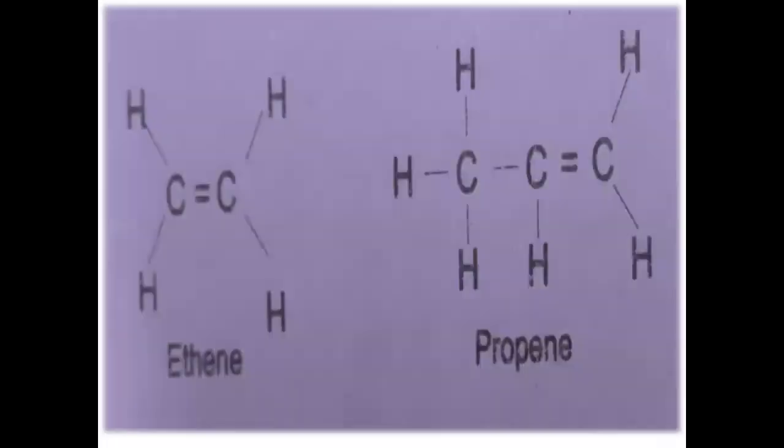Each carbon atom makes 4 bonds, so the rest of the two bonds it makes are with the two hydrogen atoms. Same for the other carbon atom: one double bond between the carbon atoms, and two single bonds with two hydrogen atoms.